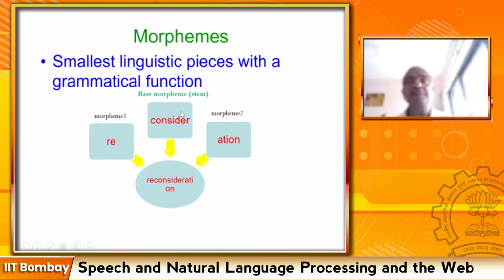And bigger than morphemes are syllables, which have pronunciation role. Bigger than syllable is the word, which has semantic role. Bigger than word is phrase, which has syntactic semantic role. Bigger than phrase is a sentence, which has syntactic semantic pragmatic role. So this way, more and more complexity is created from smaller to bigger pieces.